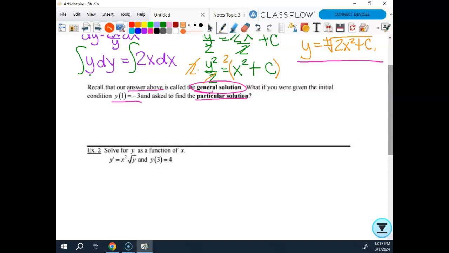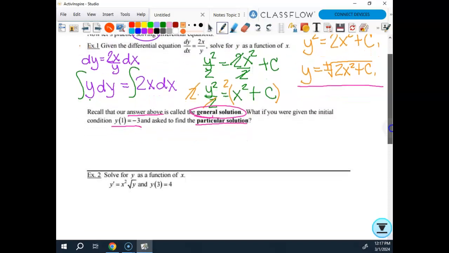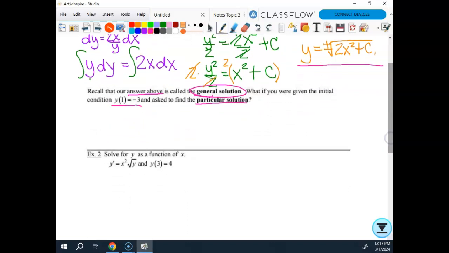So y of, which one is the x value here? 1, and then -3 is the y, right? And so we can substitute it into here, and I can get that -3 is equal to plus or minus the square root of 2 times 1 squared plus c.